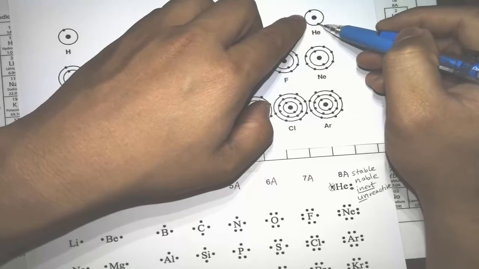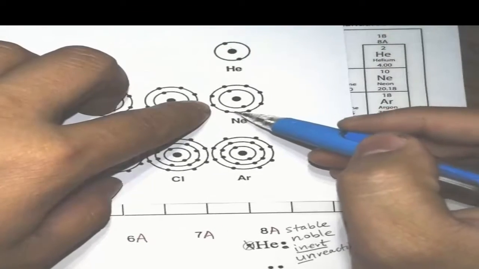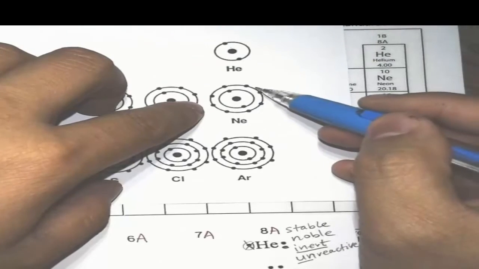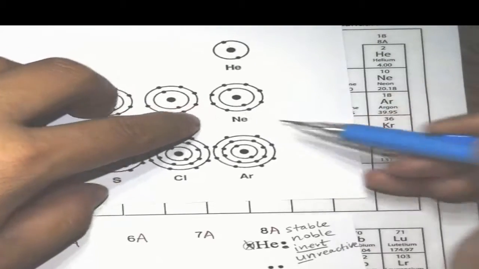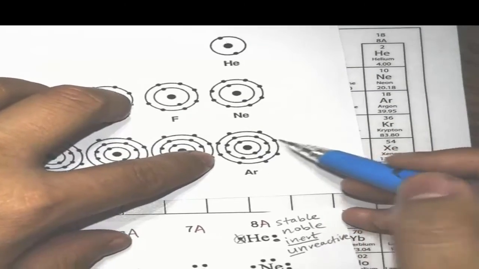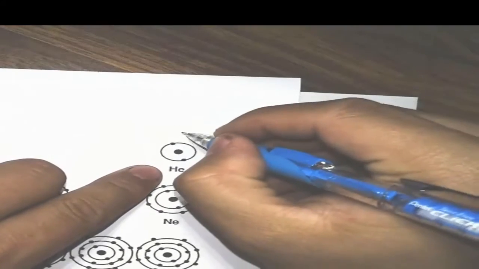Because helium can only have 2, and the first shell can only have 2, it is complete. And the same thing for neon. The maximum you can have for the second energy level is 8 valence electrons. And we look at argon, the maximum you can have on the outermost shell is 8. So basically, they have a complete energy level.